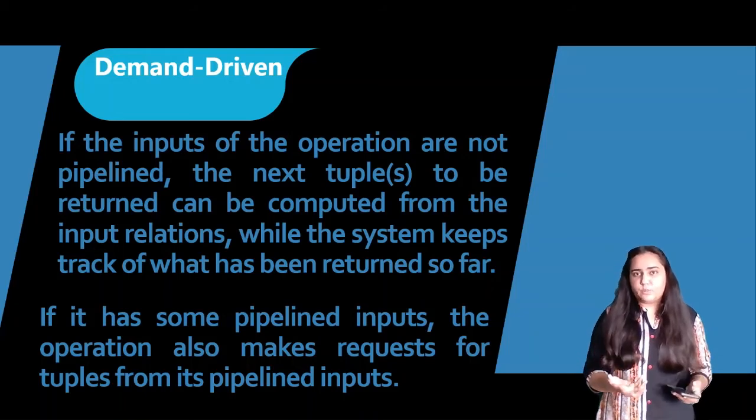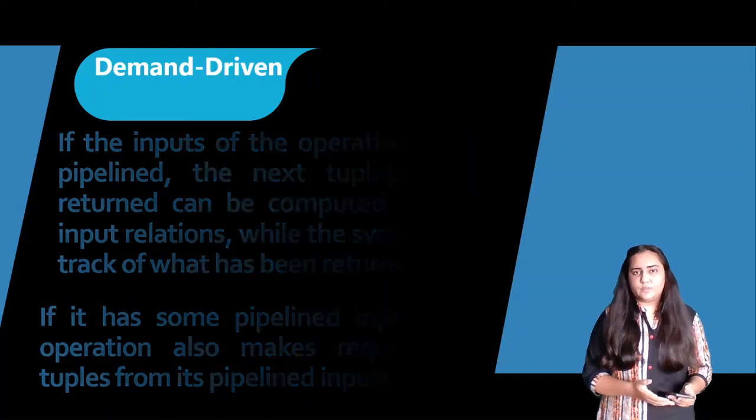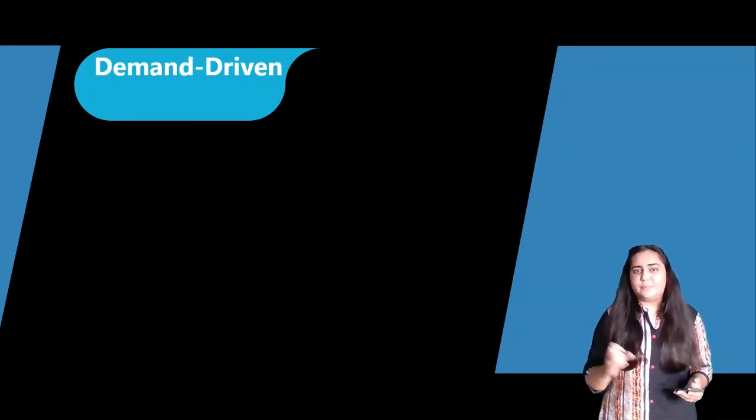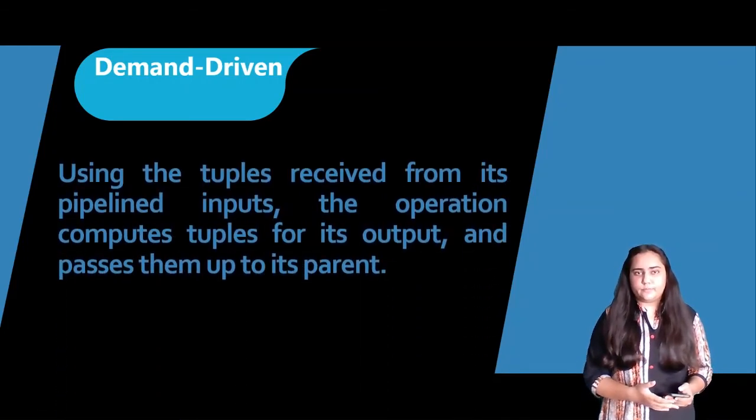So for such operations, you might want to wait for the pipeline to gather more data, more rows, and then you want to perform the operation. So in demand-driven pipelining, this is demanded by the operation or by the system. It is not automatic. When the system demands more inputs, then it gets those inputs.